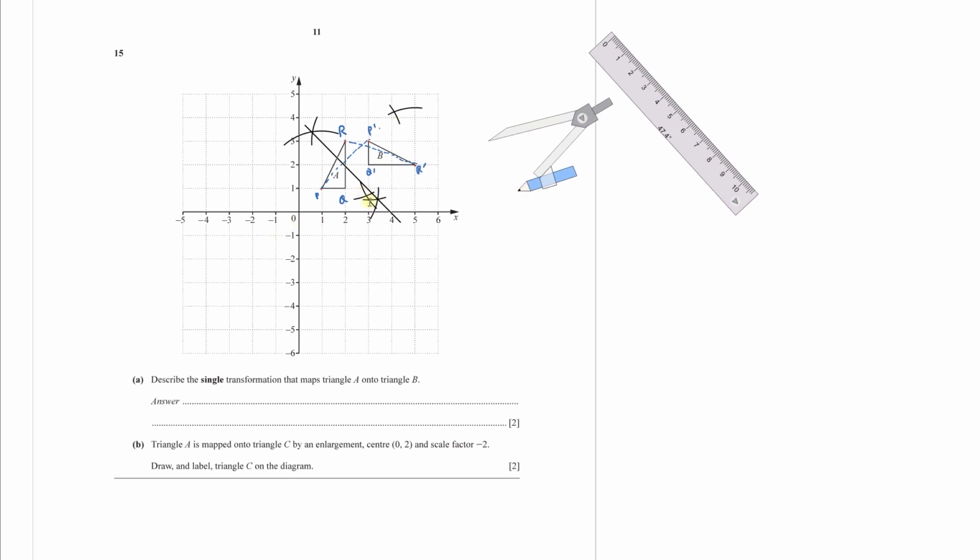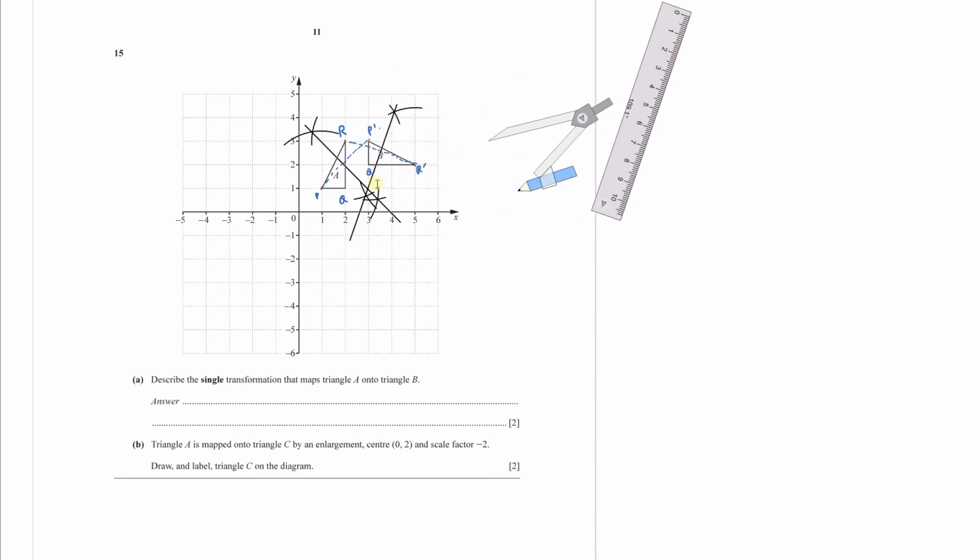I know it's kind of overlapping with the other arcs, but this is the point here, and this is the other one here. So let's join these two to get the line bisector for R and R prime. So now you have drawn the two line bisectors.